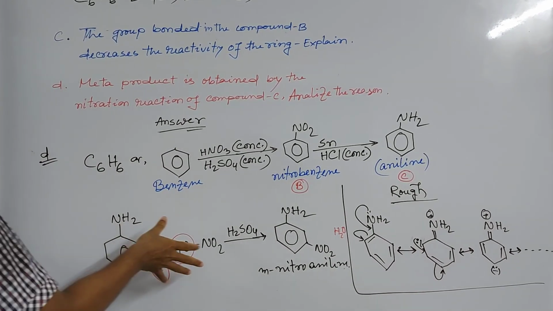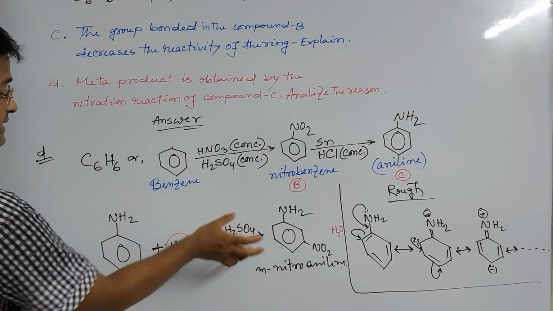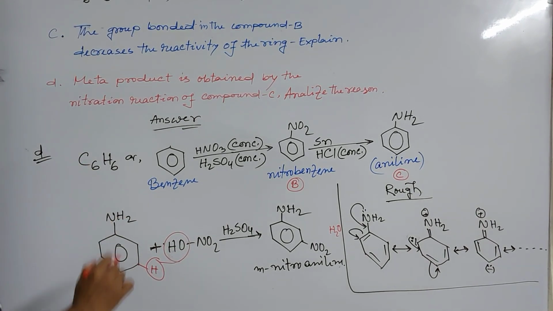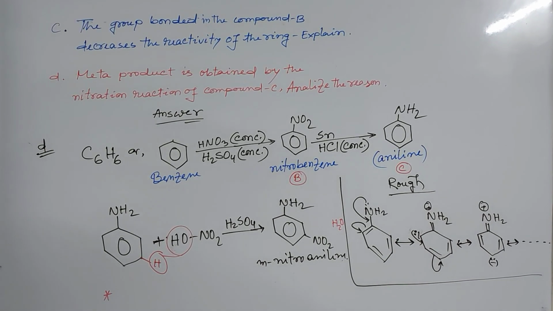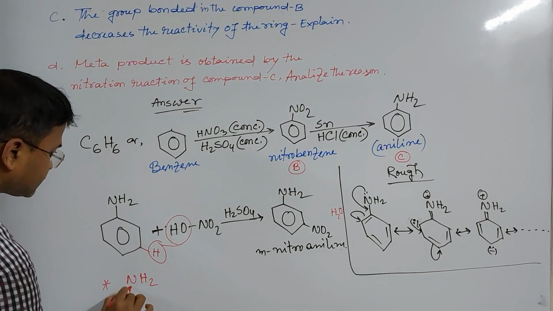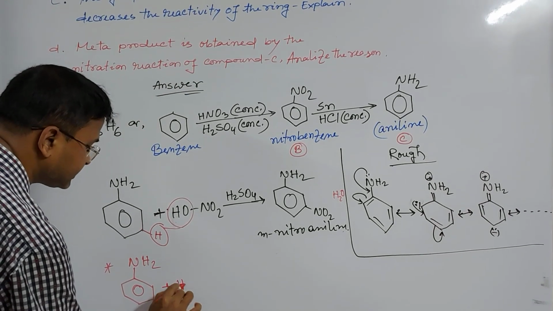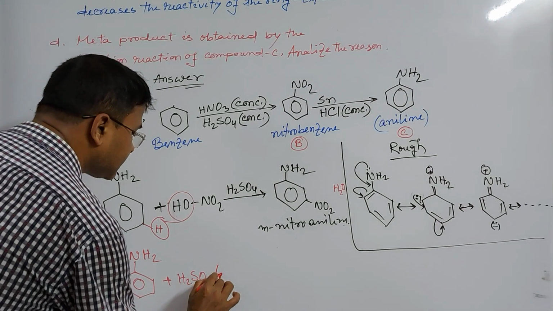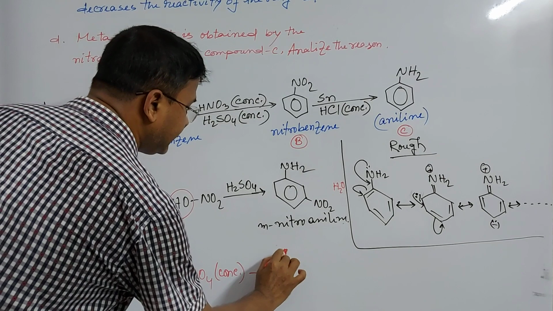Actually, if you observe the reaction, you will see that sulfuric acid is used here as a catalyst, and it is a stronger acid than nitric acid. At the first step, aniline reacts with sulfuric acid, which is used as a catalyst in the nitration reaction. Of course, it is concentrated sulfuric acid, to produce the anilinium ion.